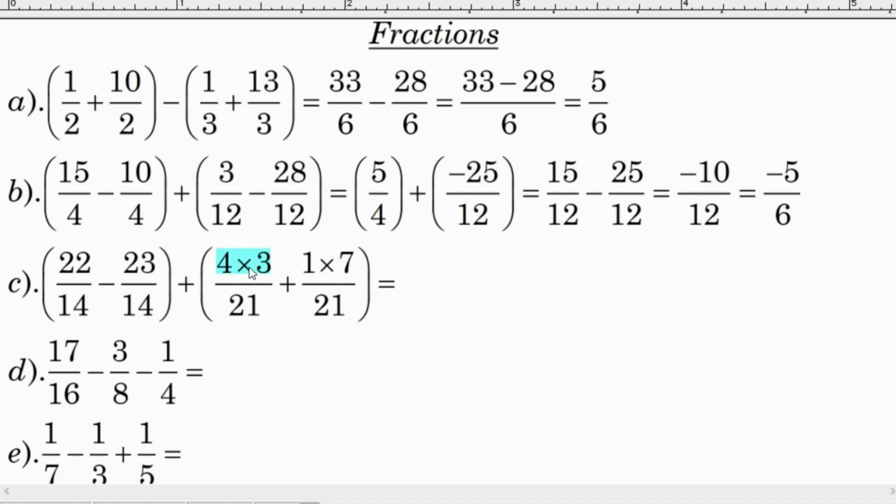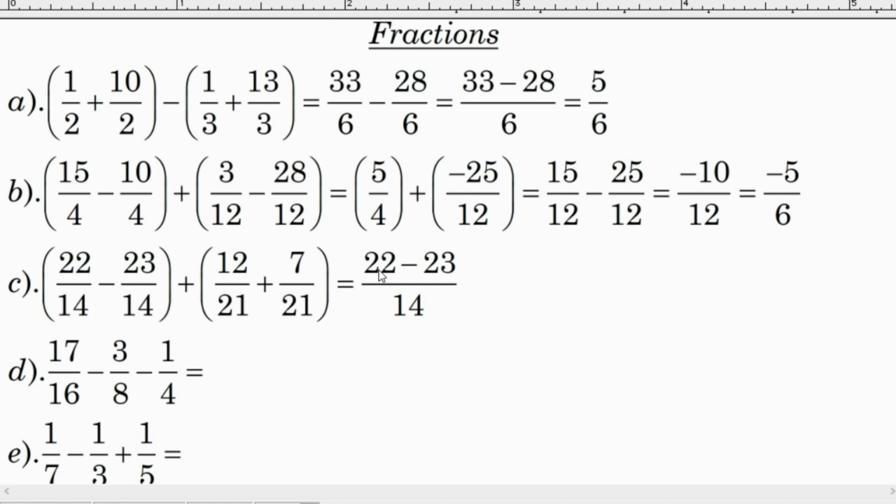Okay, so here equals 12, then here is equal to 7. So now we just put the same denominator here, which is 14, and take 22 minus 23, and then plus.